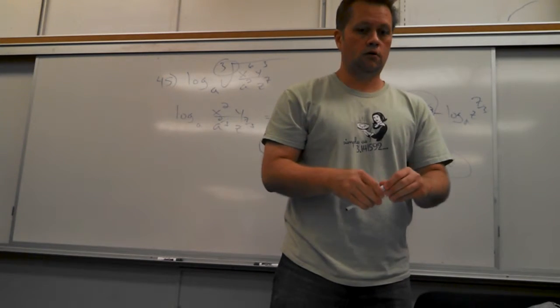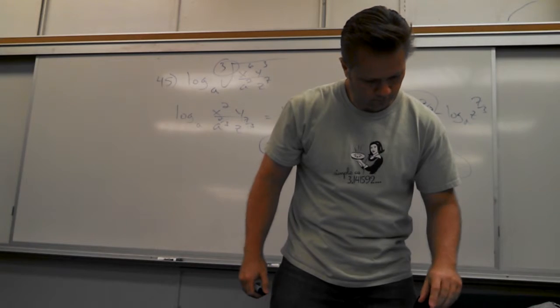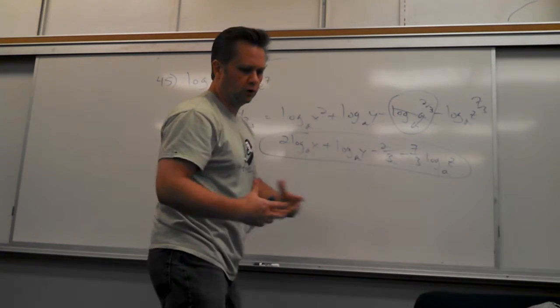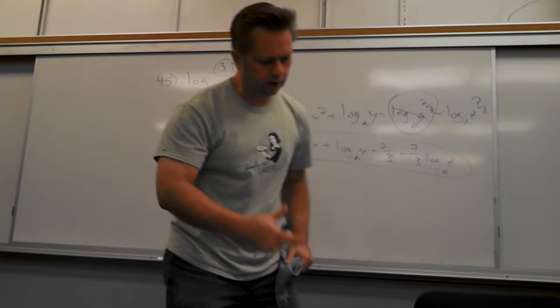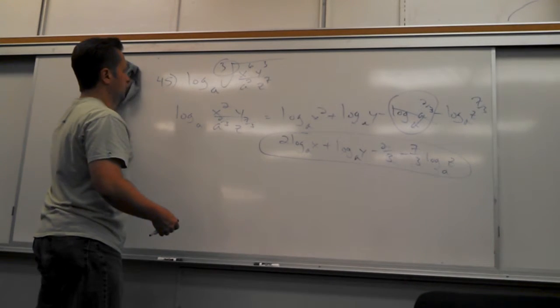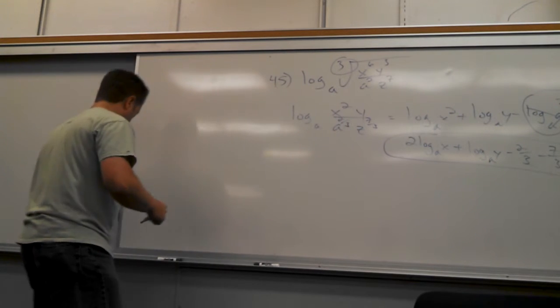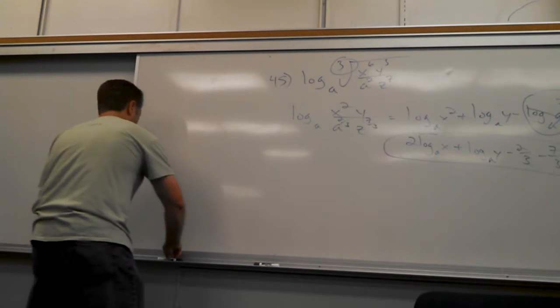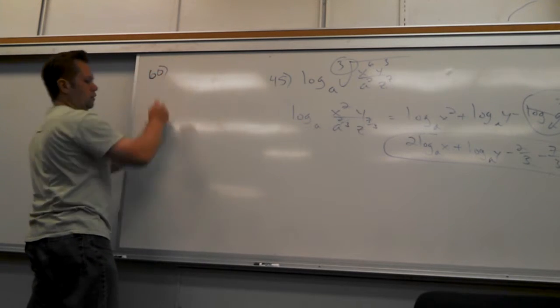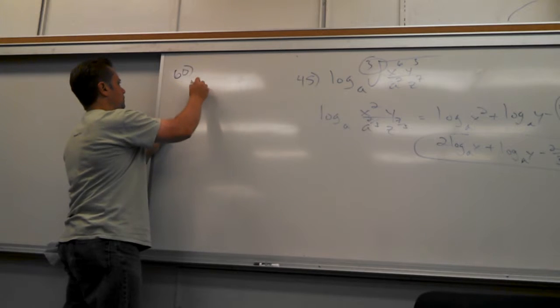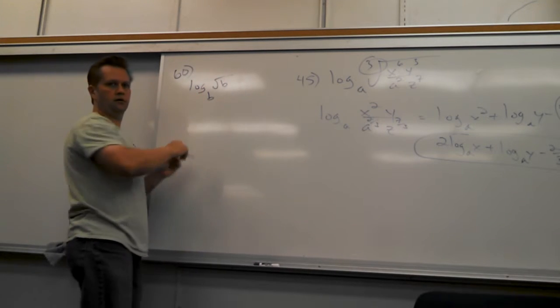Yes? 60. Oh, this is an interesting little section because they tell you what log base B of 3 and log base B of 5 is. On 60, you don't really care. 60 is log base B of the square root of B, this guy.